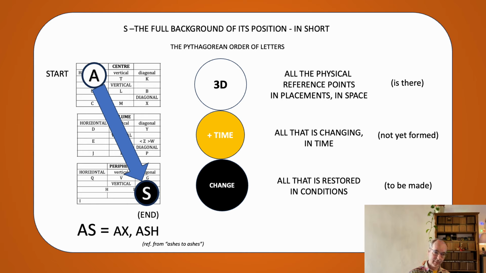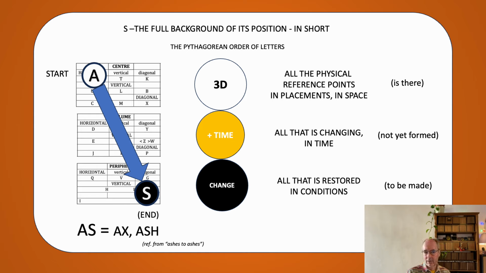So, in other words, the first region is not just the physical reference points, it's also what is already there. The second part, or the second region, that you have of more complexity is all what is changing in time. So it is not there yet. It's not formed yet.